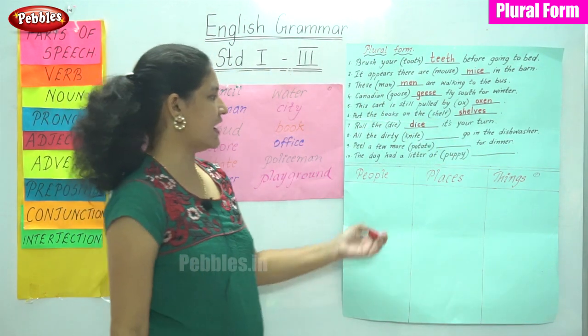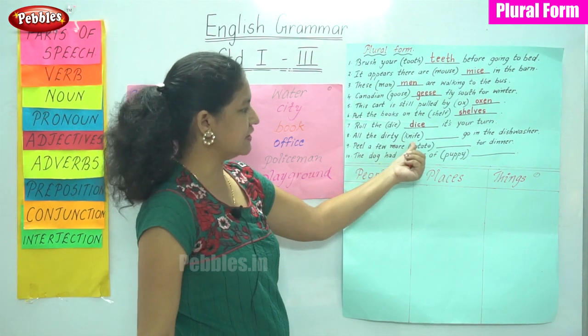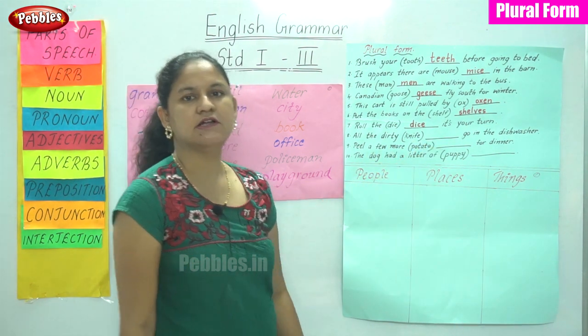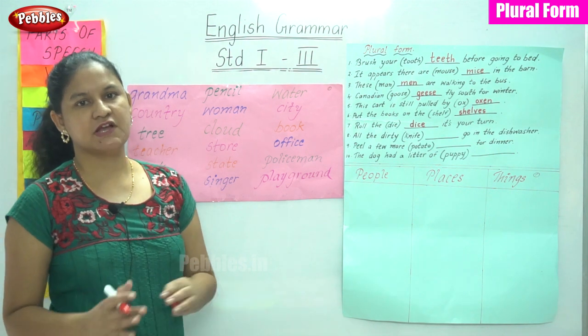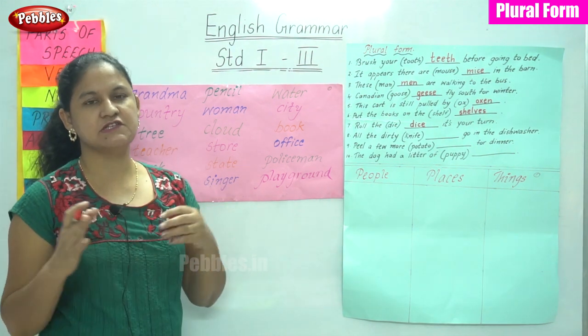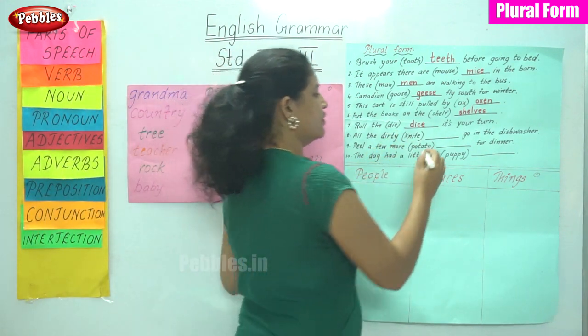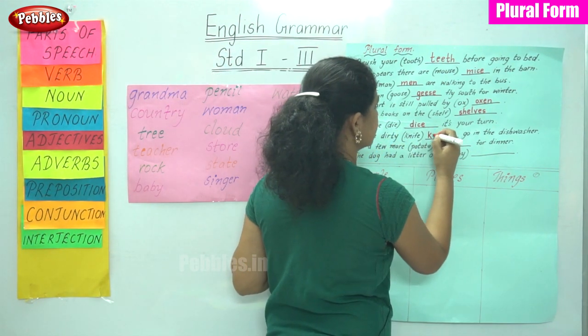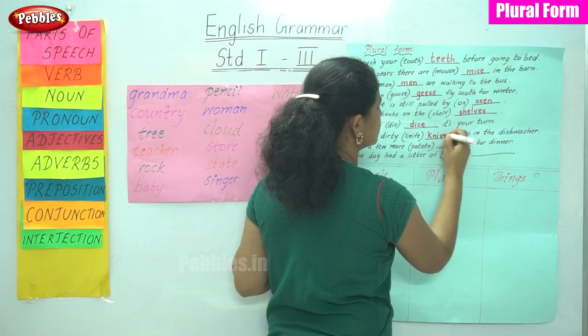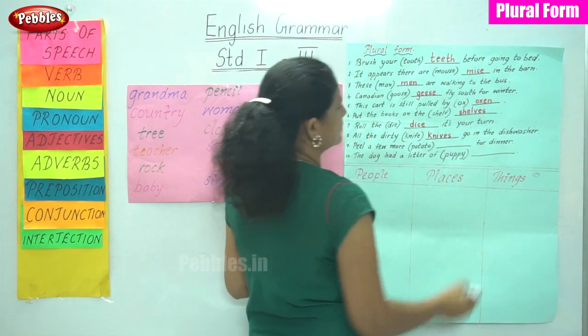The next sentence we have: all the dirty knife dash go in the dishwasher. When we convert knife into the plural form knives, we drop the FE and we add VES. We follow the plural rules.